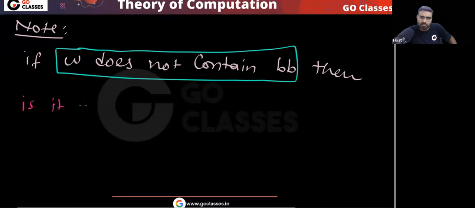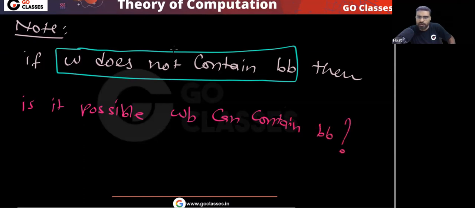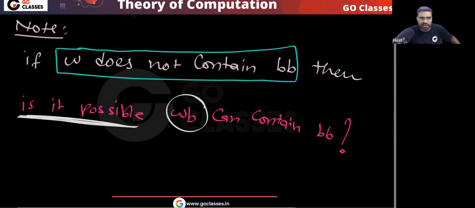Please tell me. If W does not contain BB, is it possible that WB contains BB? Yes, it is possible, right?